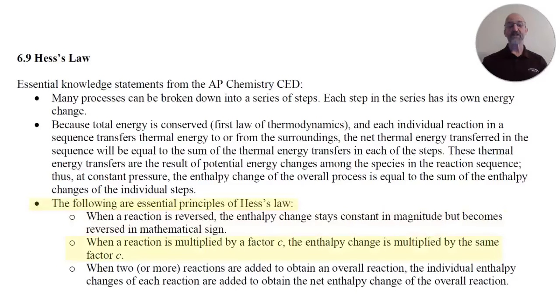When a reaction is multiplied by a factor, C, the enthalpy change is multiplied by the same factor, C. And when two or more reactions are added to obtain an overall reaction, the individual enthalpy changes of each reaction are added to obtain the net enthalpy change of the overall reaction.